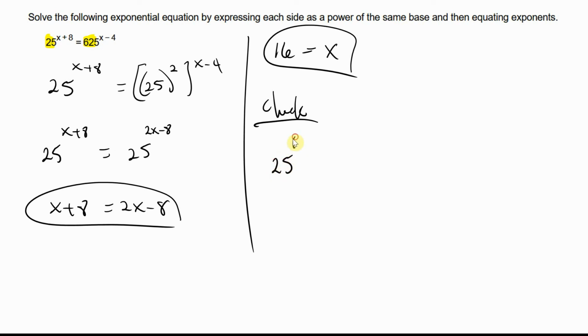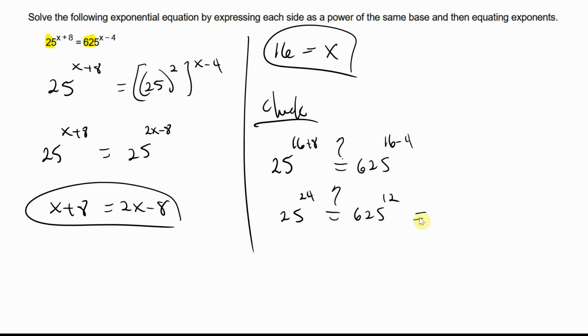25 to the 16 plus 8. Is that the same thing as 625 to the 16 minus 4? Let's see. This is 25 here to the, that's a pretty big number, right? So it's to the 24th power. Question, is that the same thing as 625 to the 12th?